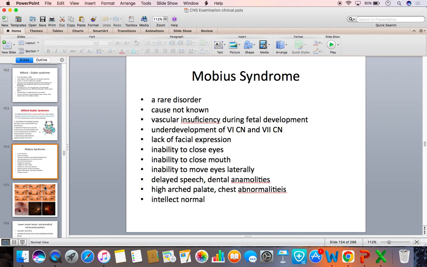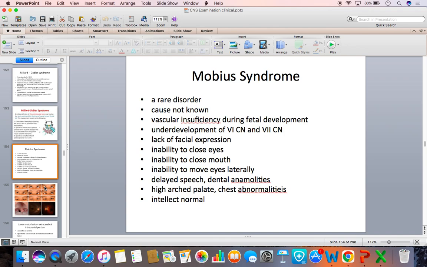Then another thing is the Mobius syndrome. It is because of the congenital anomaly in the facial nerve nuclei, because of the failure of development of this particular part of the brain. It also involves the absence of nucleus.